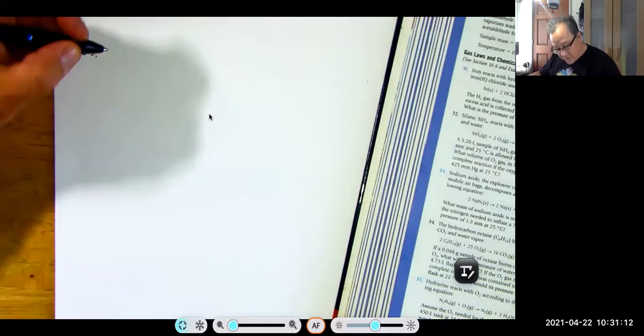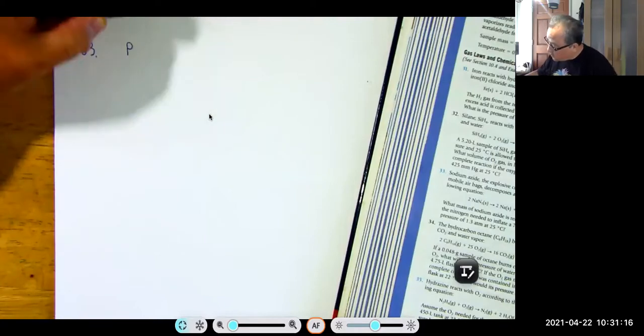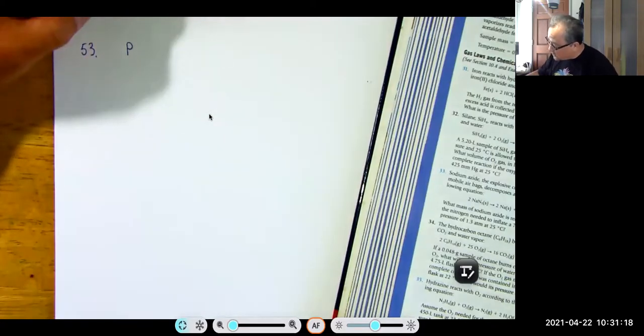The pressure of 4 moles in a 4-liter tank at 100 should be 26 atmospheres.